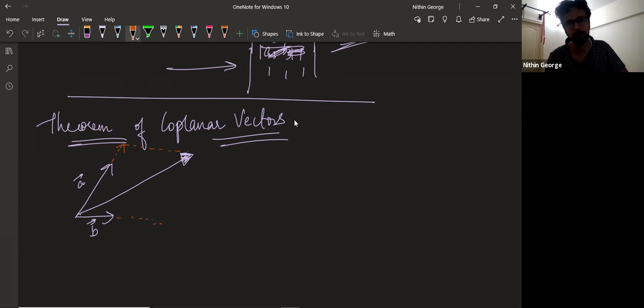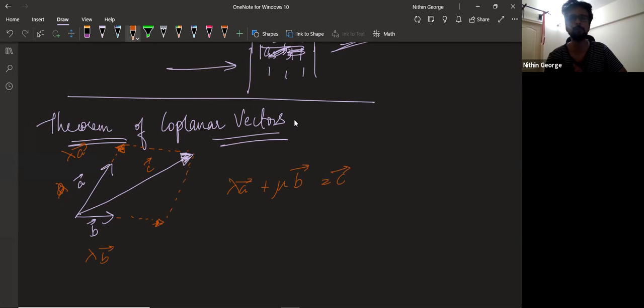B is going till here, A is going till here. The entire length along A will be lambda A, and this much will be mu B vector. We can use the triangle law of addition, and then we get lambda A plus mu B equal to C vector.